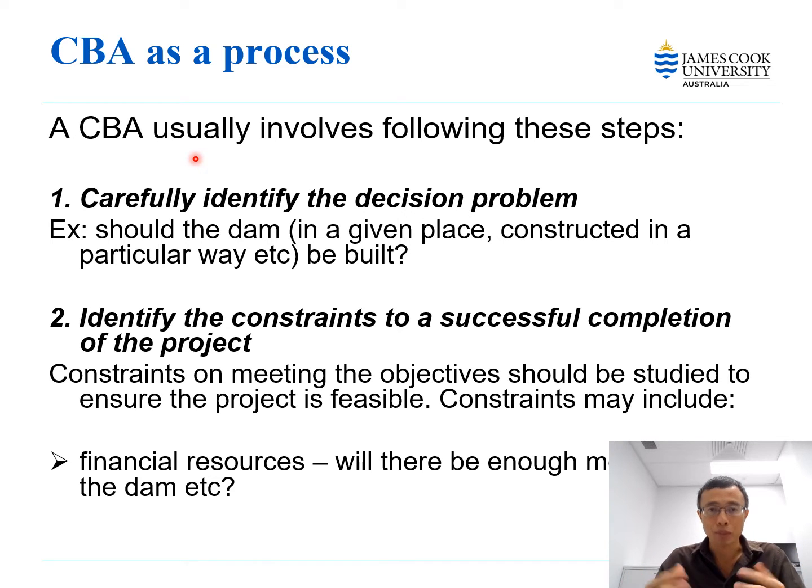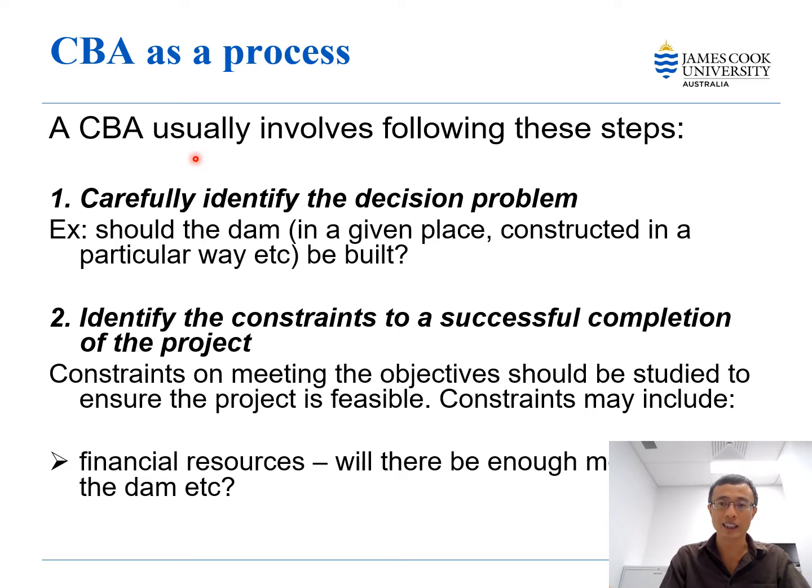Should a dam be built? That's the project. Or should a dam be built on the upstream of Ross River? That's another decision problem. And I hope you see the difference, right? The first one would be, should a dam be built?